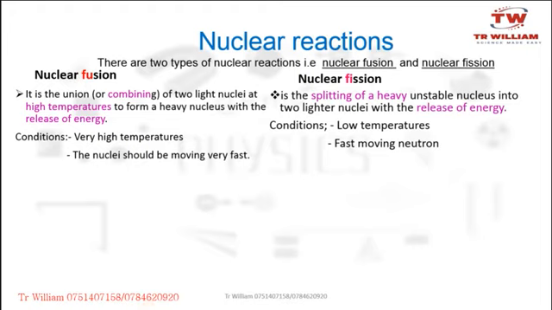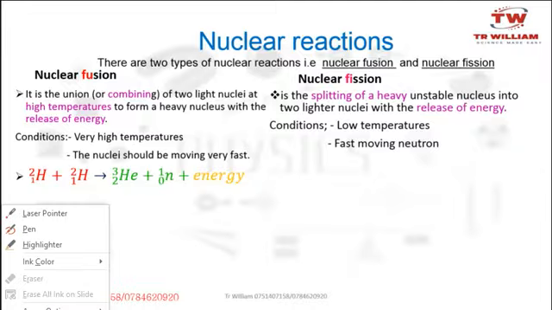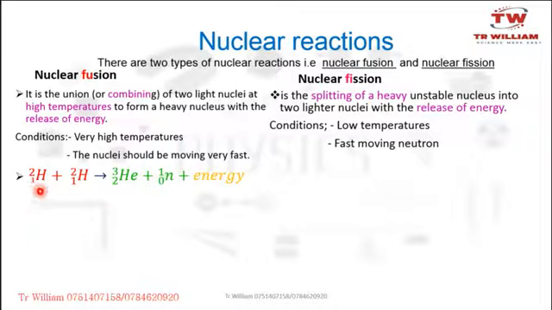So we are saying that two hydrogen atoms can come together and fuse to form a helium atom, which is helium with a mass number of 3 and atomic number of 2. When this forms, it releases an electron, as well as a lot of energy.